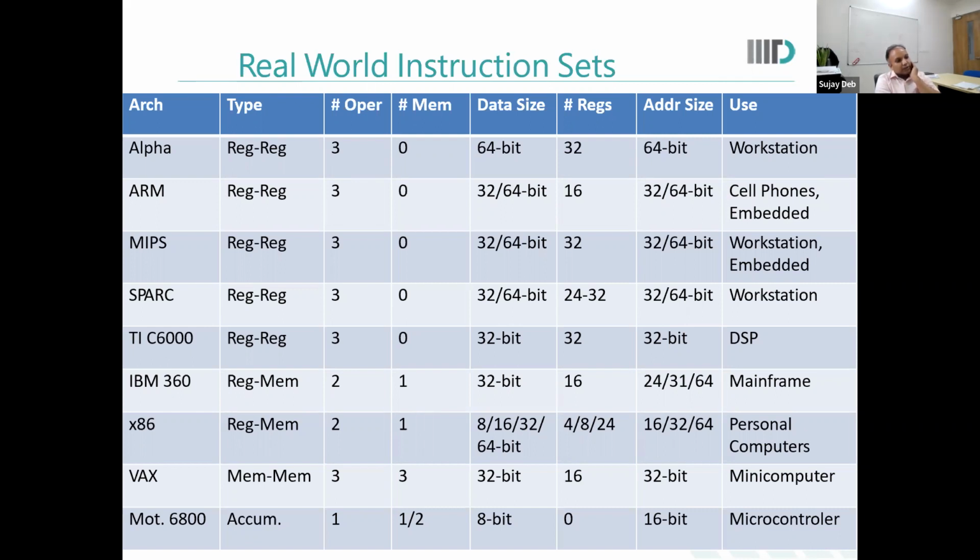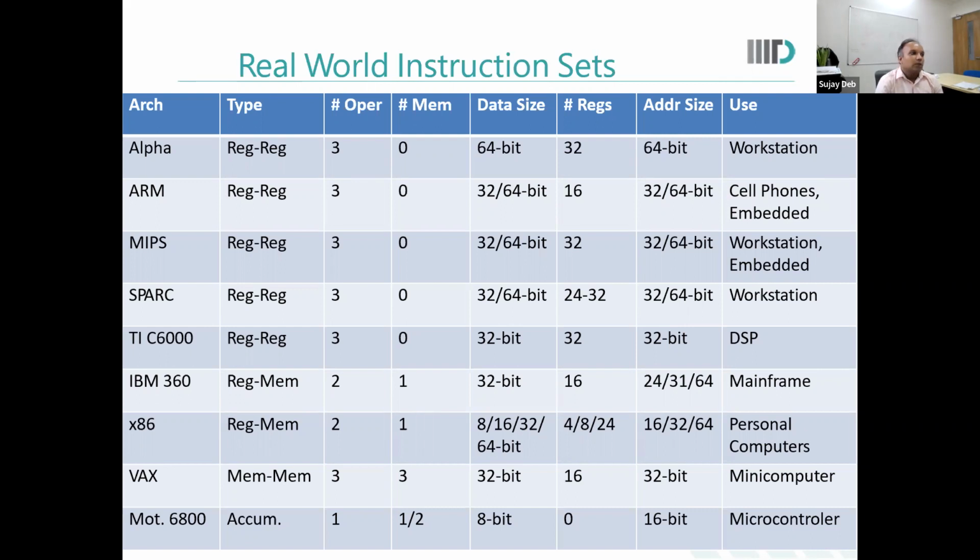Then there is VAX, which is a completely memory machine model. All three operands are explicitly mentioned, and all three come from memory. Data size is 32-bit, general purpose registers are 16, and address size is also 32-bit. It is one of the very old computer specs, used in minicomputers. Motorola 6800 is an accumulator based machine model.